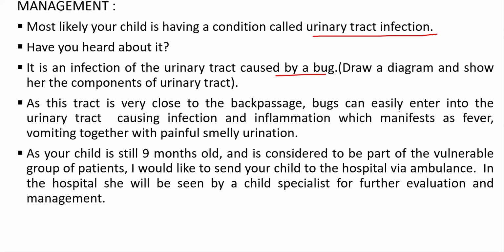So sometimes bugs can easily enter into the urinary tract from the back passage, and which can cause infection of the urinary tract. And most of the time, the child will present with fever, vomiting, and with painful, smelly urination. Are you with me so far? Are you understanding me, Jenny? Okay, so just explain what is urinary tract infection and what is the main symptom of it.